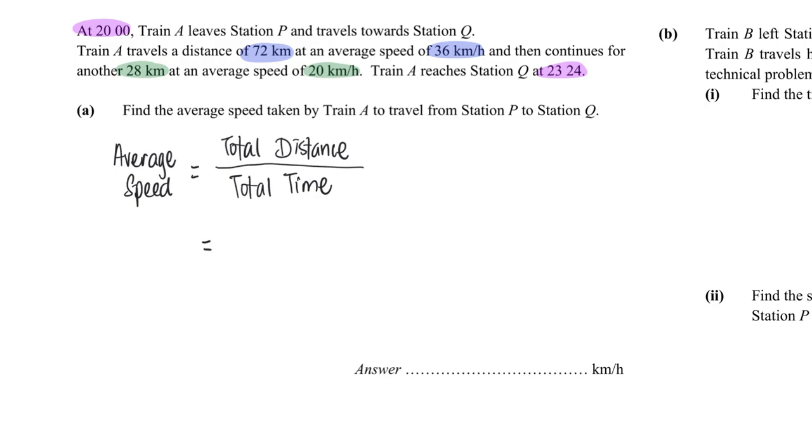I could find the total time easily, and the total distance pretty easily, because I would have 72 kilometer and 28 kilometer. So 72 plus 28 will give me the total distance.